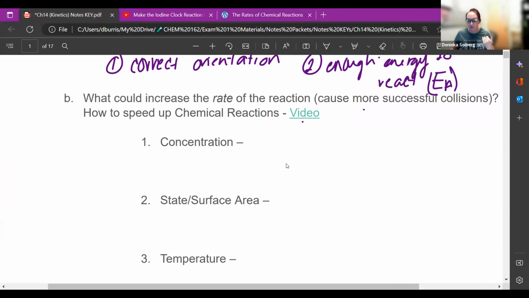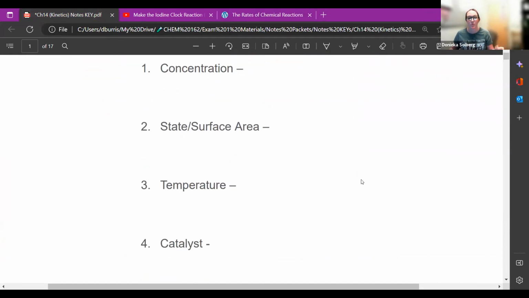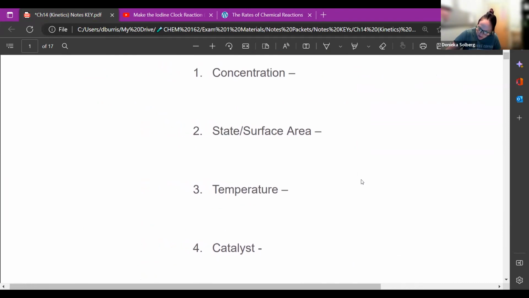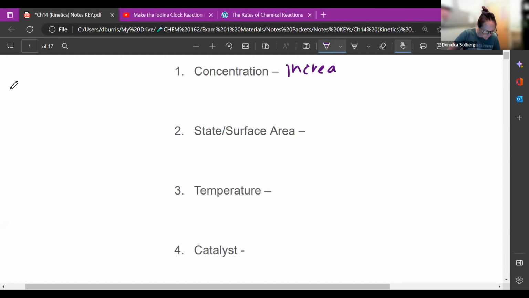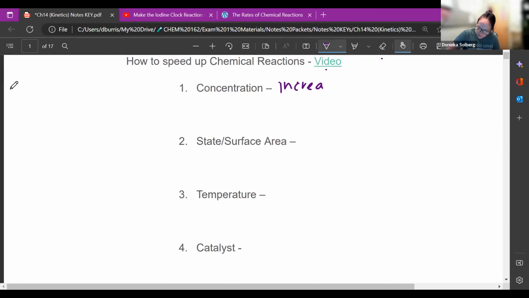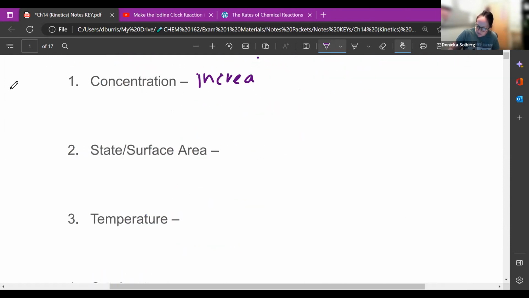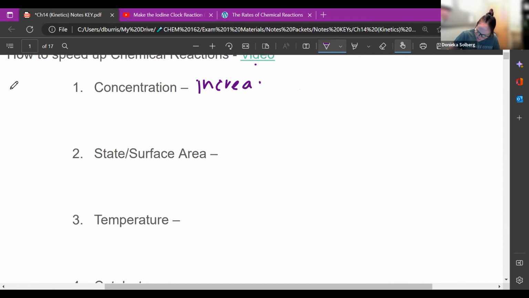So how can you increase the speed of a chemical reaction or essentially have more energetic collisions? First of all, concentration. More stuff, more collisions. Okay, so concentration would be increasing the concentration, which essentially is increasing.